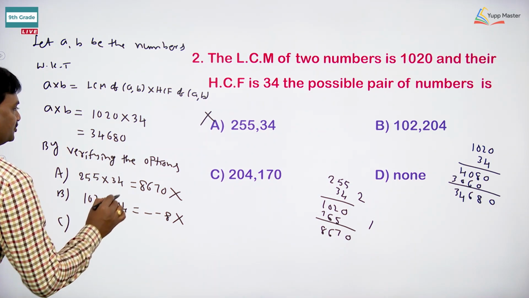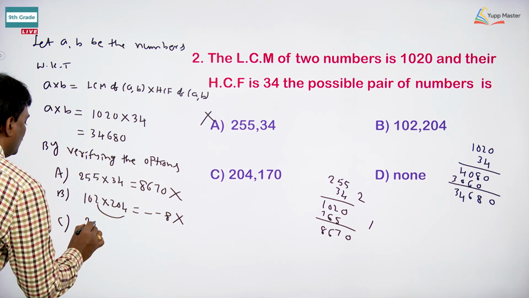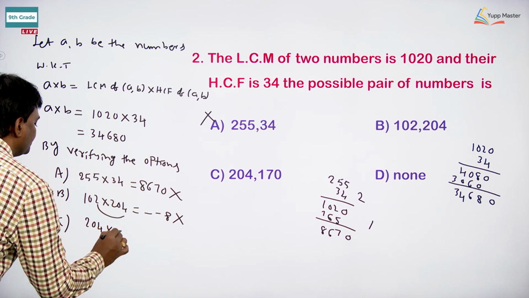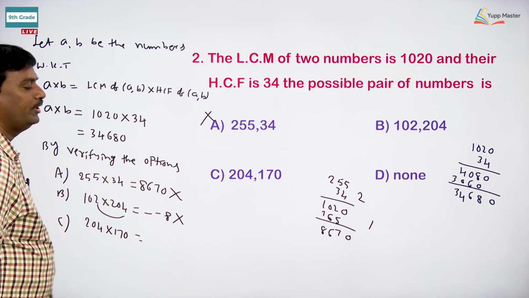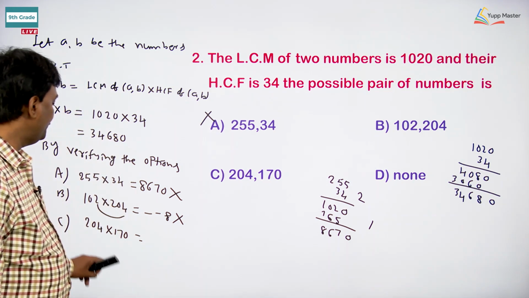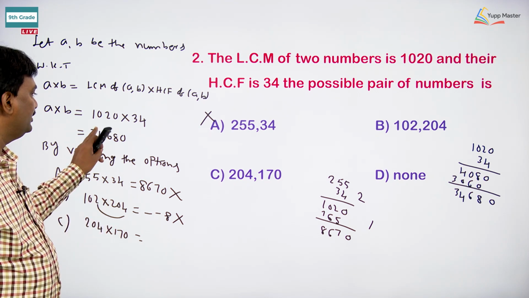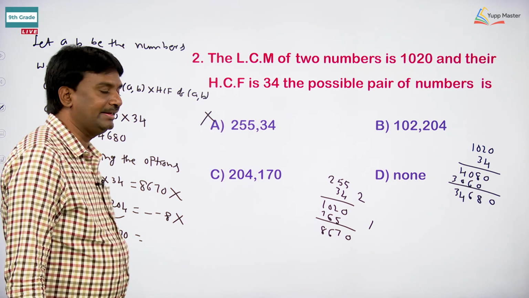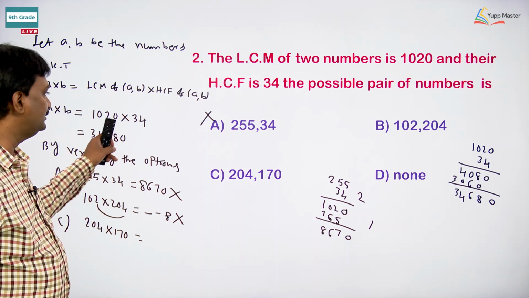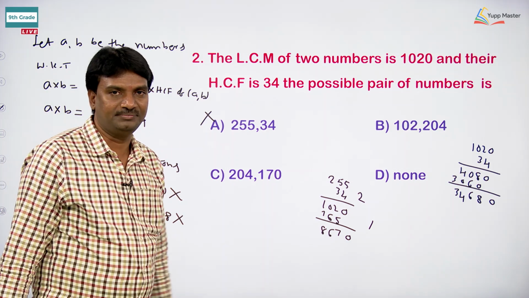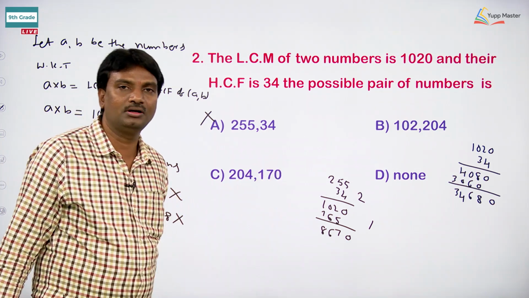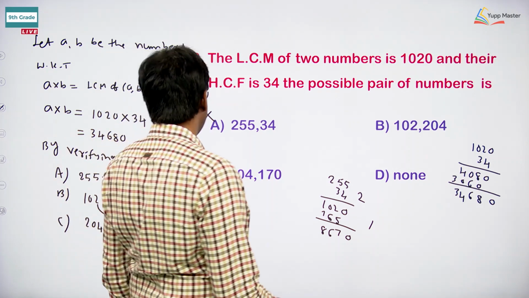If you take option C, 204 into 170. If you multiply 204 and 170, if you get 34,680, then option C is correct. Otherwise, we can take option D as the correct option.